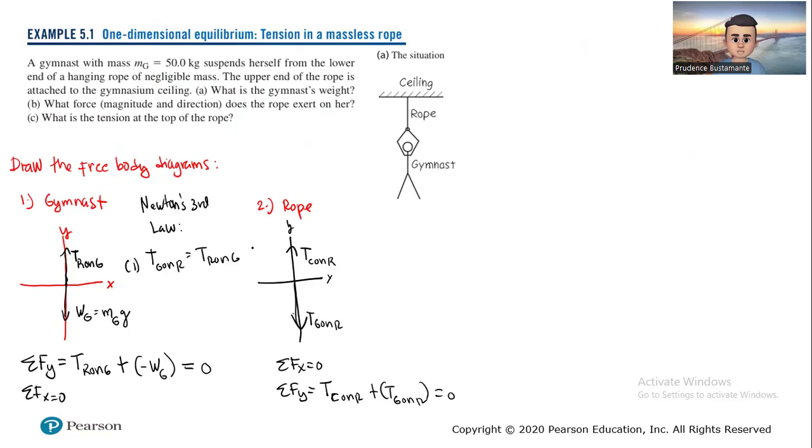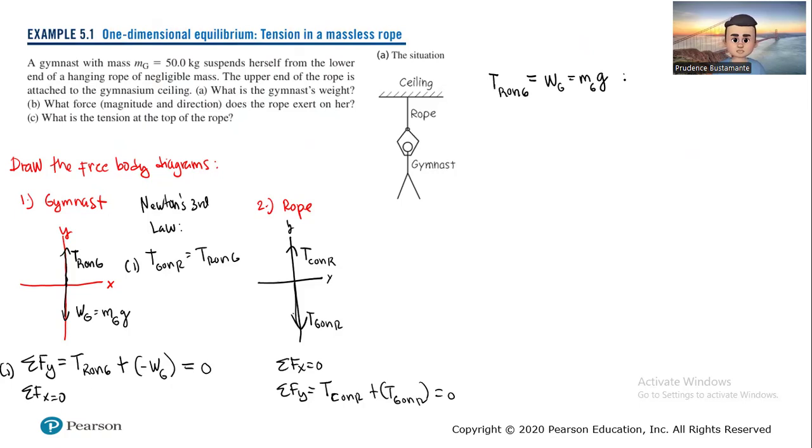okay, we note that from equation one, actually, we have the tension of the rope on the gymnast is equal to the weight of the gymnast, which is equal to the mass of the gymnast times the gravitational constant.